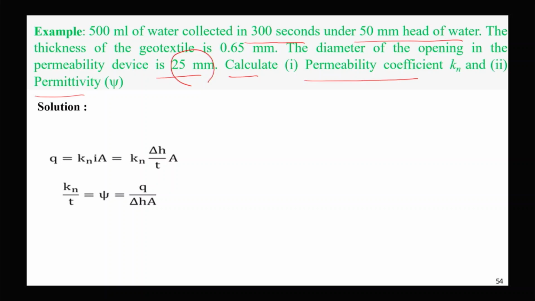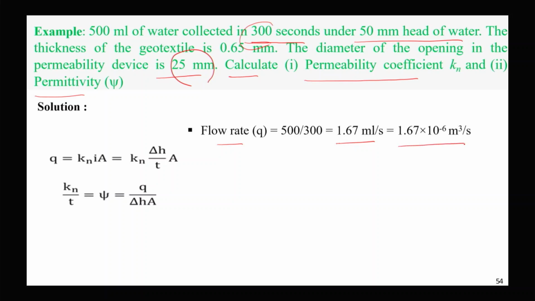So using this formula, flow rate equals 500 milliliter per 300 seconds, which is 1.67 milliliter per second. You can convert it to cubic meter per second: 1.67 multiplied by 10 to the power minus 6 cubic meter per second.